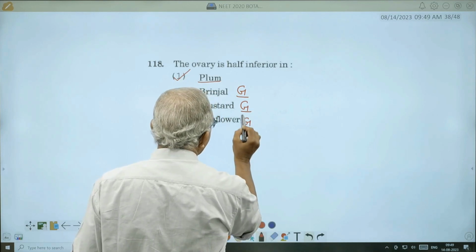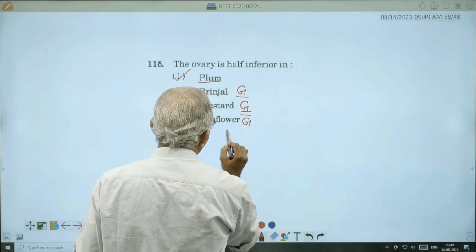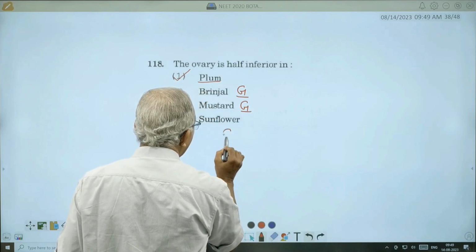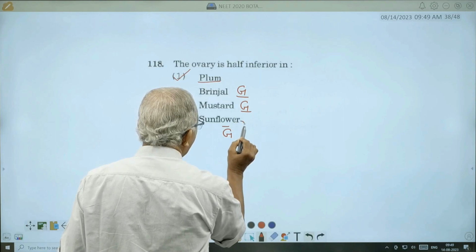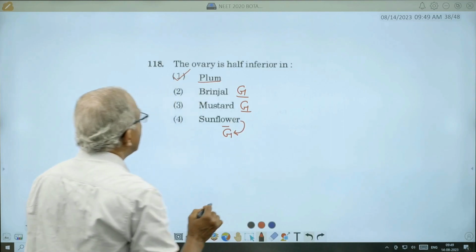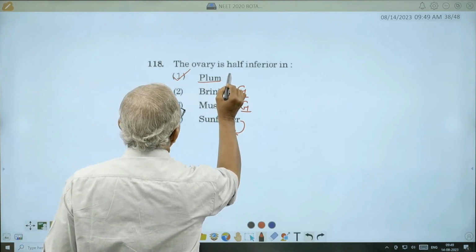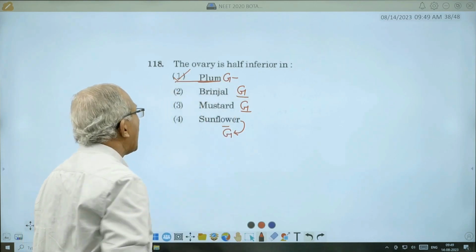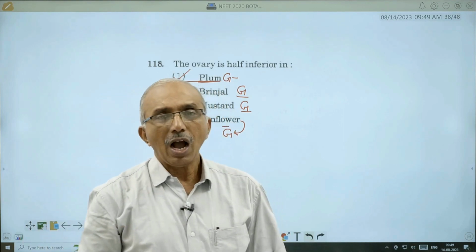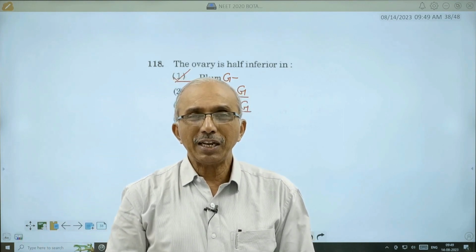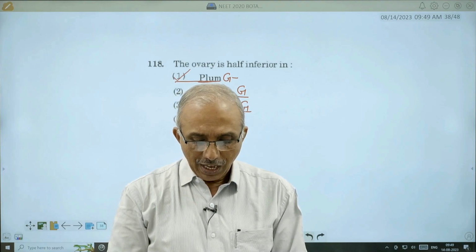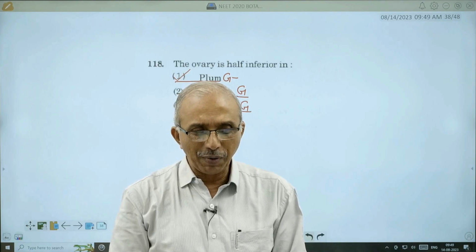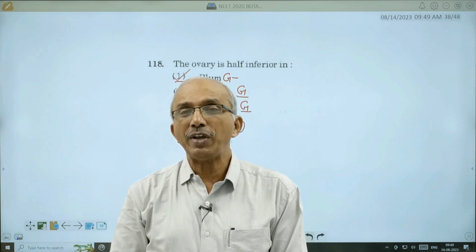In sunflower, the ovary is inferior. So in plum, the ovary is half inferior. The answer is plum. A half inferior ovary is intermediate between superior and inferior.